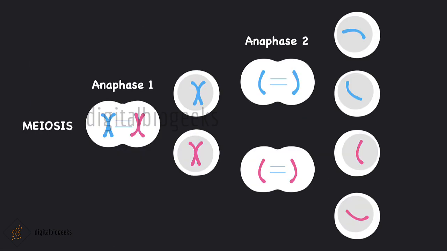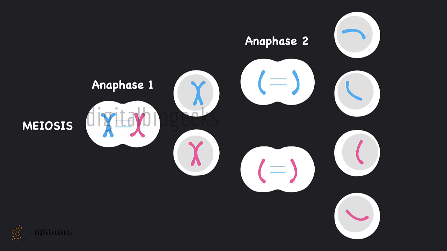As we know, meiosis has two phases, meiosis 1 and meiosis 2. In anaphase of meiosis 1, the paired homologous chromosomes are separated to the poles by the spindle fibers, but still the sister chromatids are joined together. During anaphase 2, the sister chromatids get separated from each other by the spindle fibers to the poles. Now they are called chromosomes.